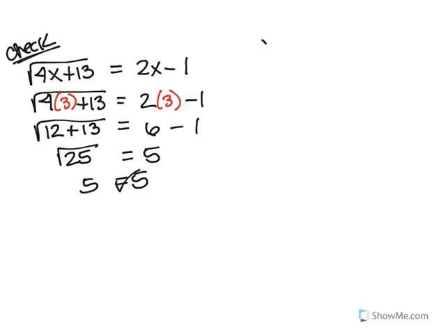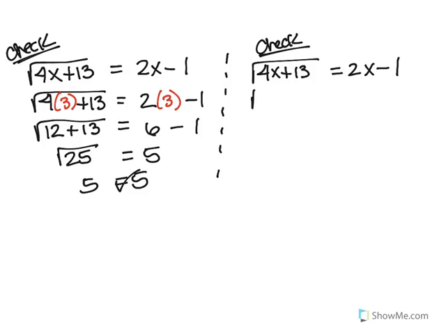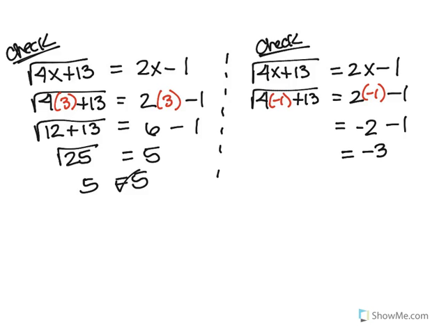Then when I check my negative 1, that's going to give me negative 2 minus 1, which is a negative 3. And this one ain't going to check.